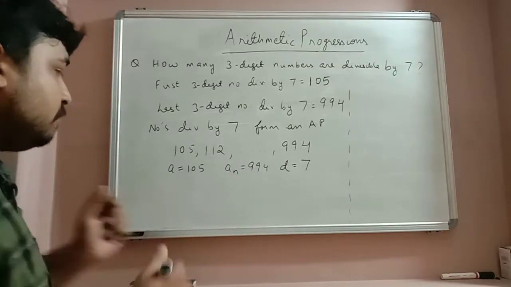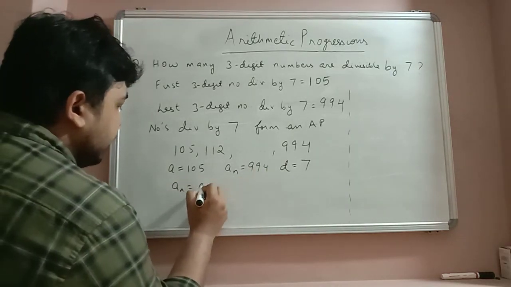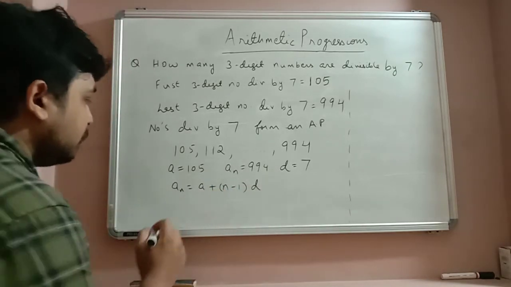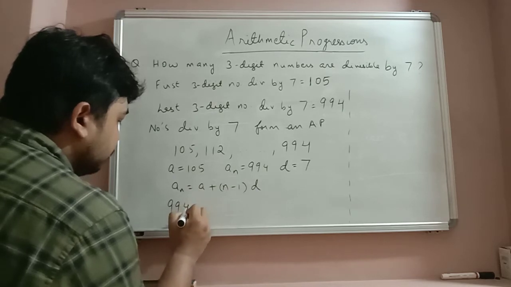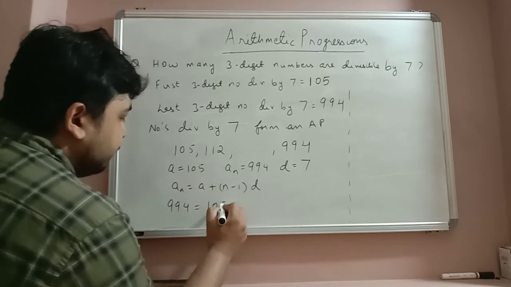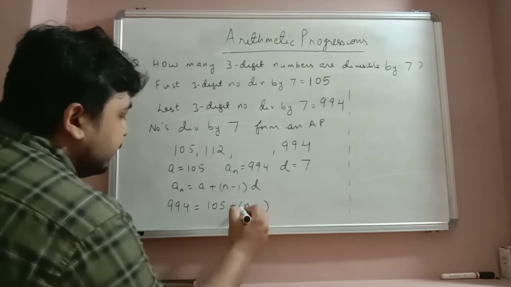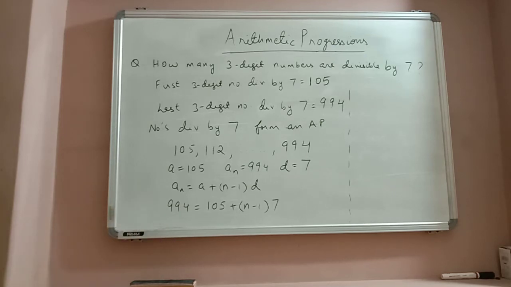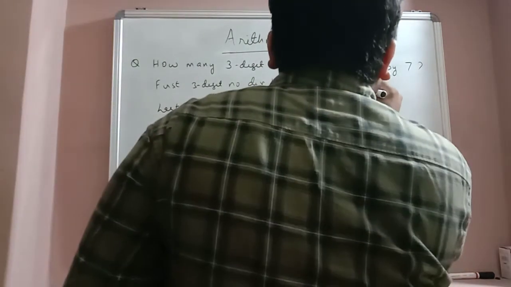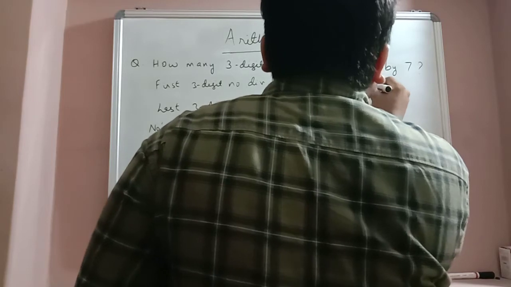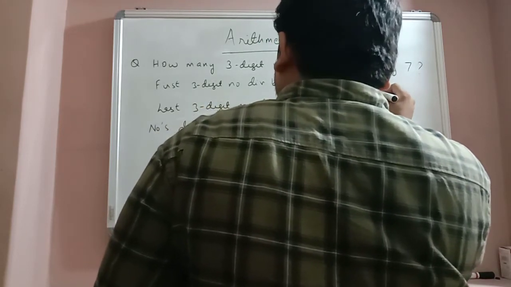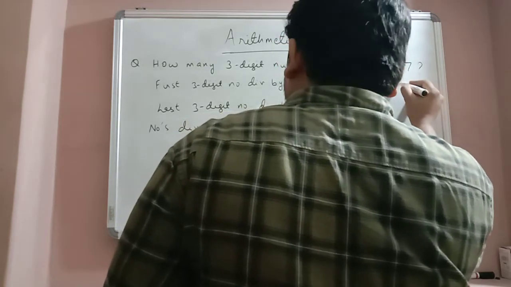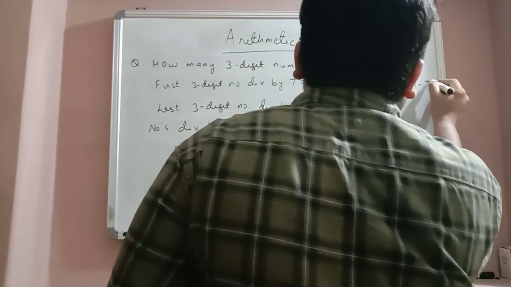So we will use the formula an equals a plus n minus 1 into d. Let's put the values. An is 994, equals a which is 105, plus n minus 1 into d, and d is 7. On solving, I get 994 minus 105 equals 7n minus 7.